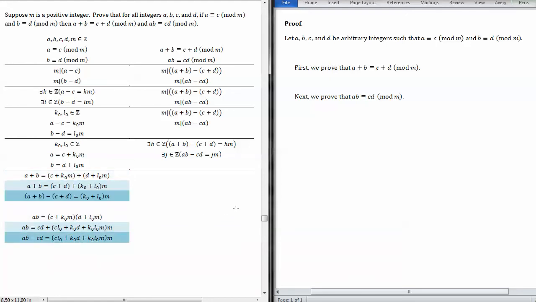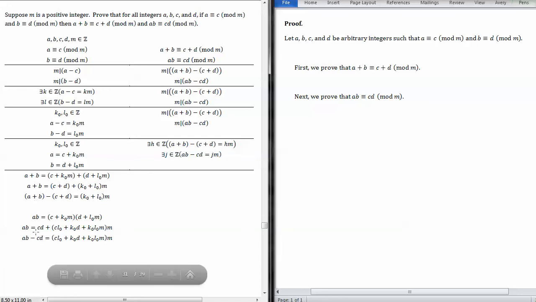Okay, finally, we're trying to find out about a plus b minus c plus d and ab minus cd. If we just subtract the appropriate thing from each side, we get these two new equations. And this is really what we want, right? Because this difference is some integer multiple of m, and this difference is also some integer multiple of m.